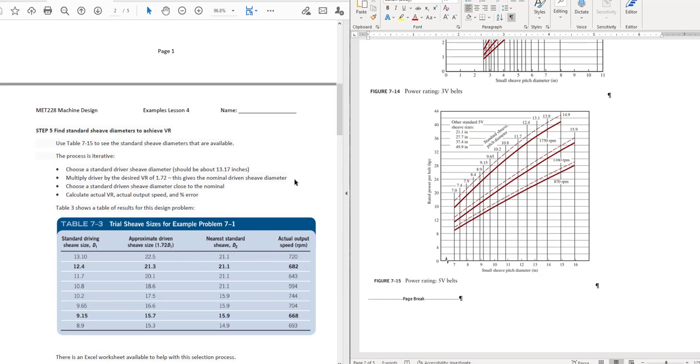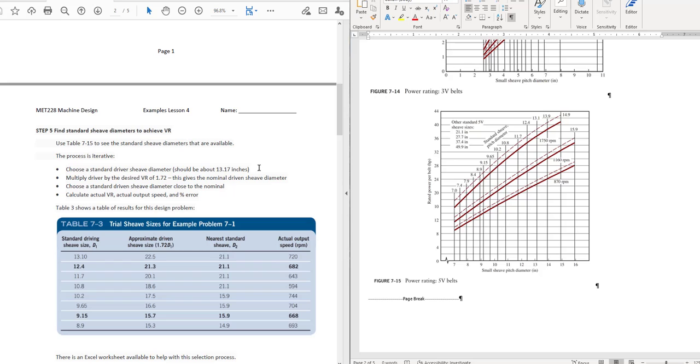This gives the nominal driven sheave diameter. And then once you have that nominal one, you're going to choose a standard driven sheave diameter close to the nominal. Then you're going to calculate the actual VR, the actual output speed, and then the percent error. When I say percent error, it is how far off it is from the 675 RPM we want. And then based on all that, we will select the sheaves.